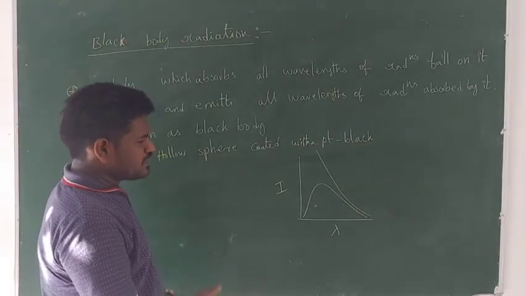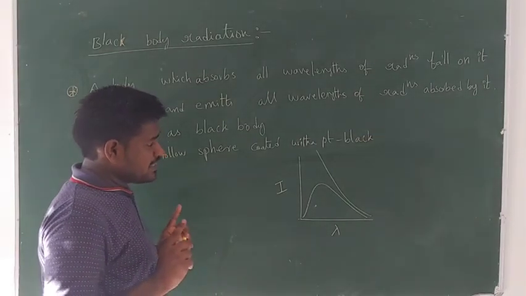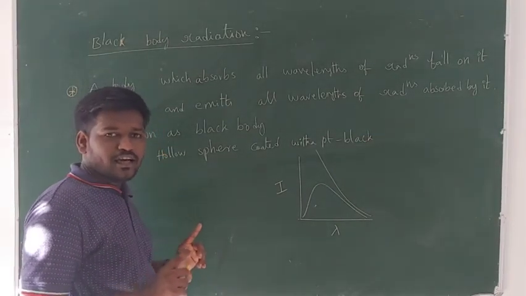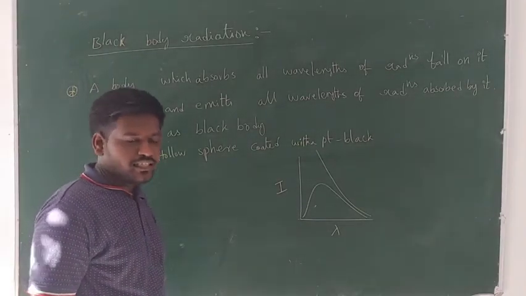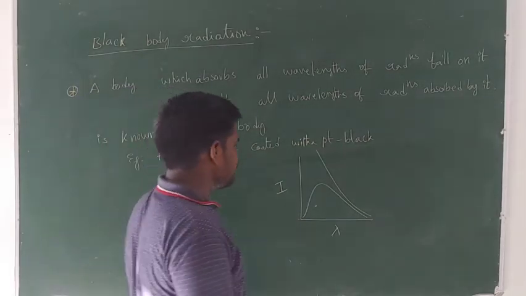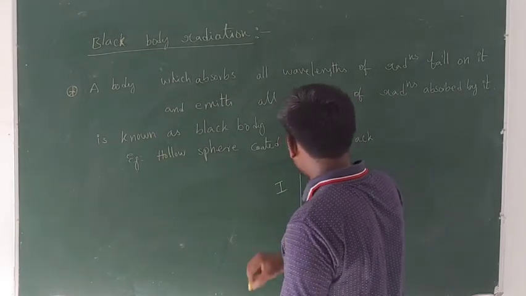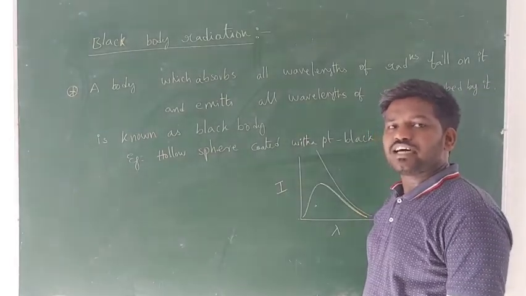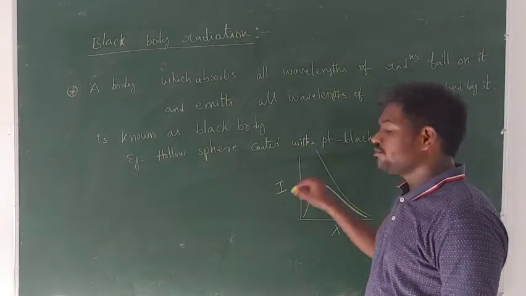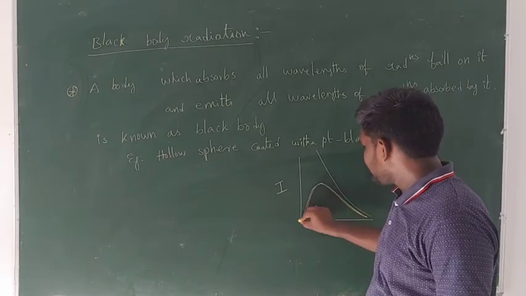From this he realized that the emission or absorption of radiation does not take place continuously, it takes place discontinuously. Up to a certain range, a body is capable of absorbing radiation, and after that emission starts, so the intensity decreases.